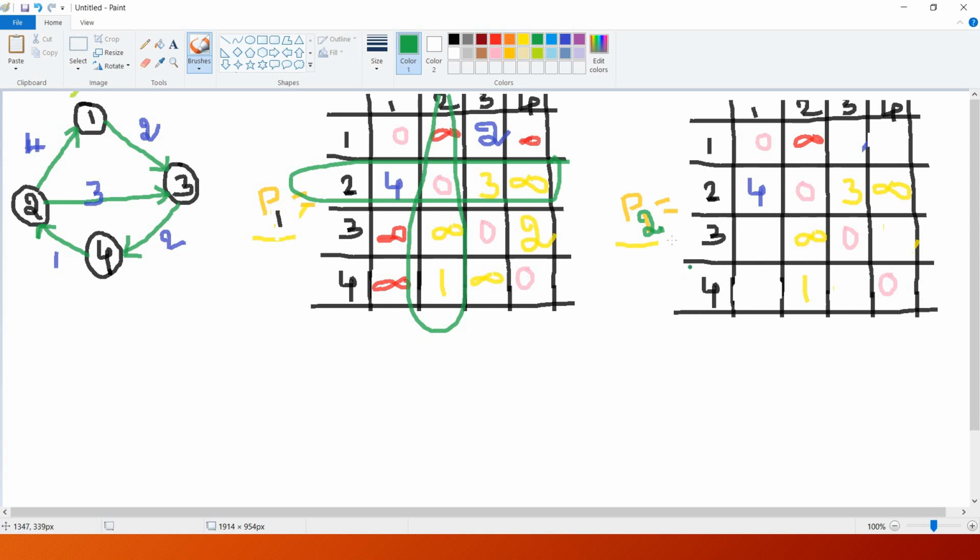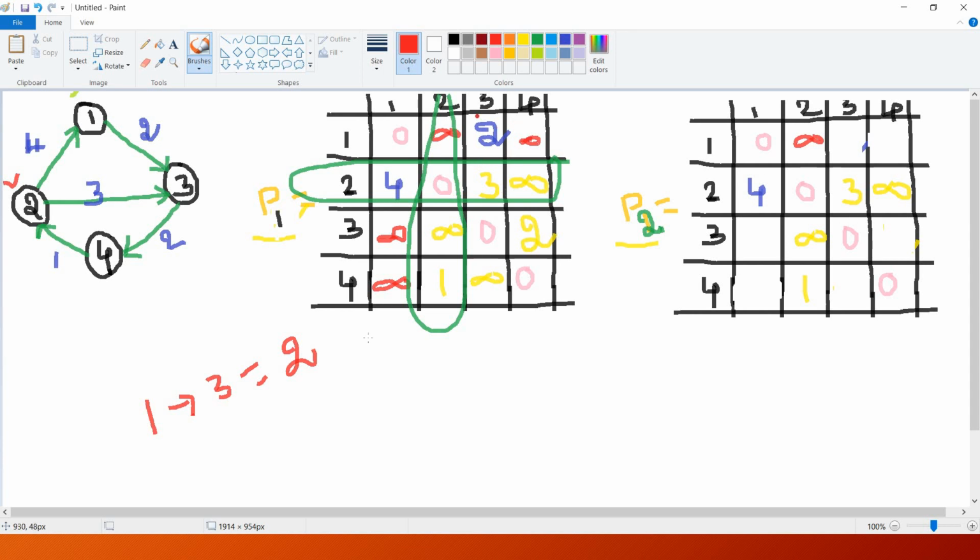Now P2, in the sense I am considering the second vertex as intermediate vertex, and trying to find the minimum cost or shortest path. The next step is to find the path from 1 to 3. 1 to 3 we already have cost 2.